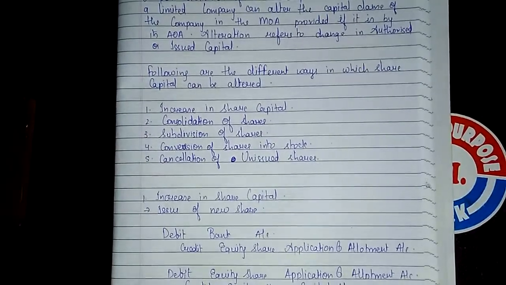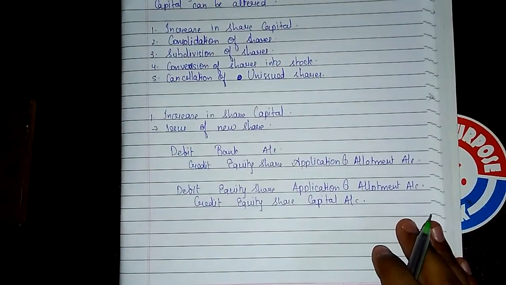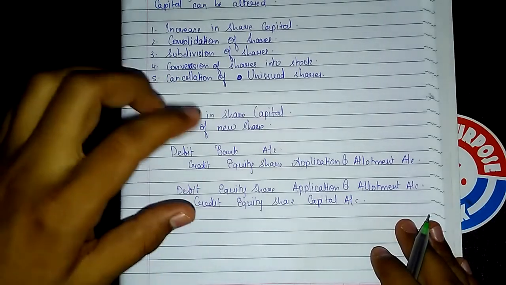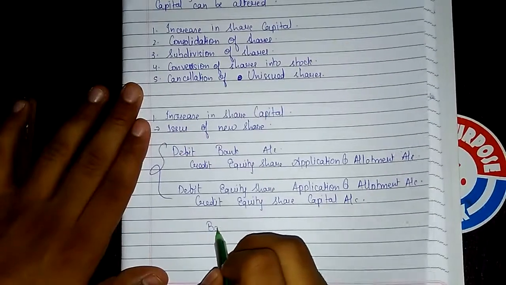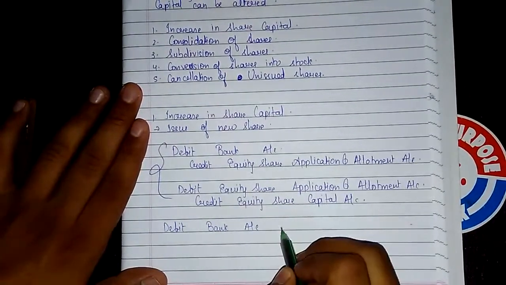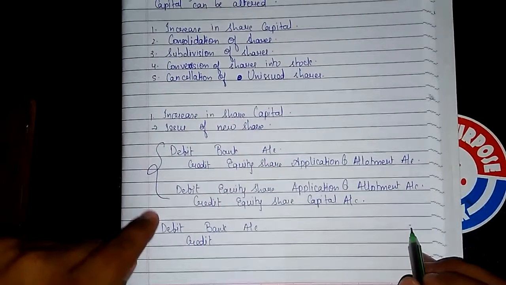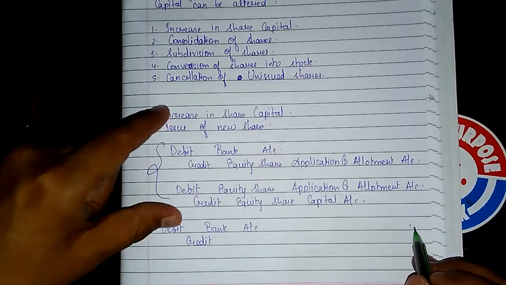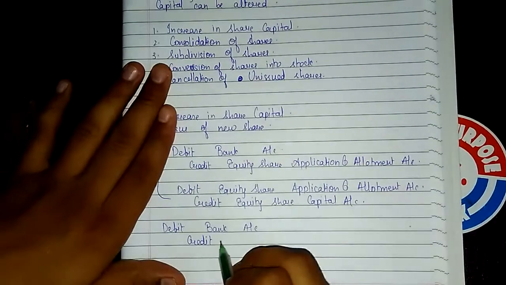Okay, I prefer never to do these two entries. If it is an 8 marks question, don't do this. Simply consolidate the entry: debit bank account, credit equity share capital account. You pass a normal entry, don't write in your exam debit and credit like this. I am giving you in this manner so that when you revise it, it becomes easy for you all.